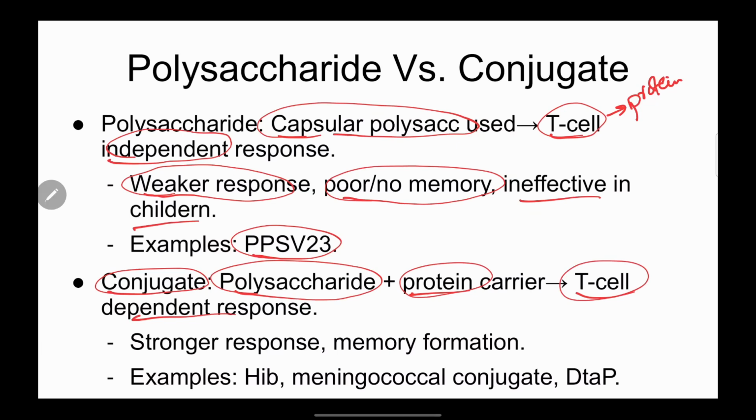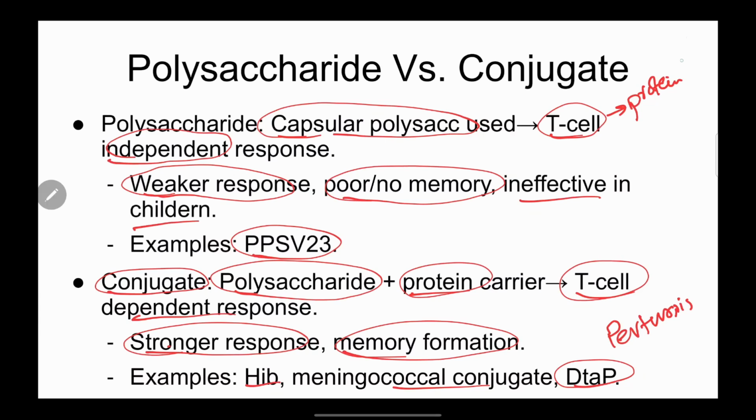But if you don't have a protein structure, that leads to a weak response, right? So in conjugate vaccines, you have a stronger response and formation of memory B or T cells. Some examples are Haemophilus influenzae, meningococcal conjugate vaccine, and DTaP, which is basically a vaccine used for pertussis, so Bordetella pertussis.